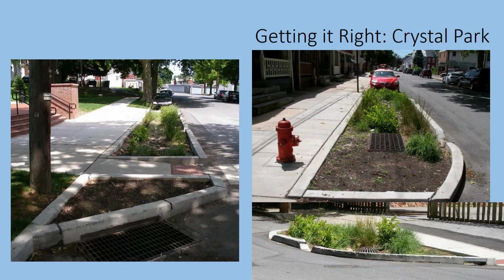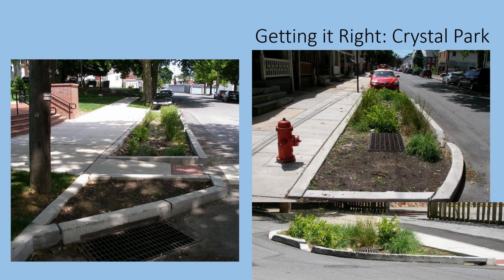Crystal Park is another one of our retrofits. This one was a bit more challenging. You can see that there's some issues with sedimentation. There's also some issues with flow paths where the water might be going.